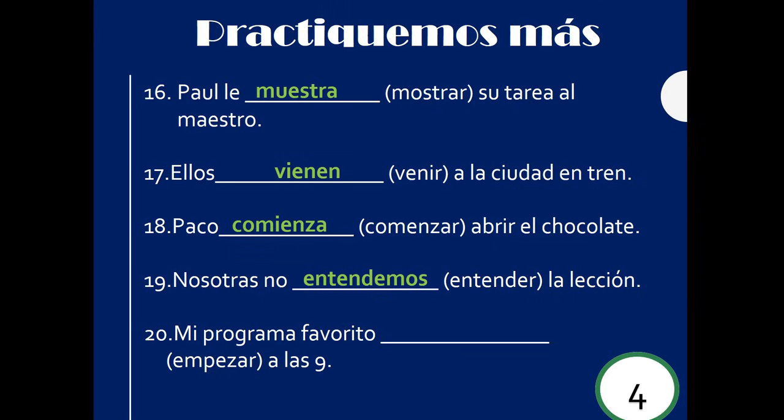Nosotras no entendemos la lección. Ay de mí. Y 20. Mi programa favorito empieza a las 9. And just in case you were wondering, programa is a masculine word, even though it ends in A. That's why it's programa favorito.